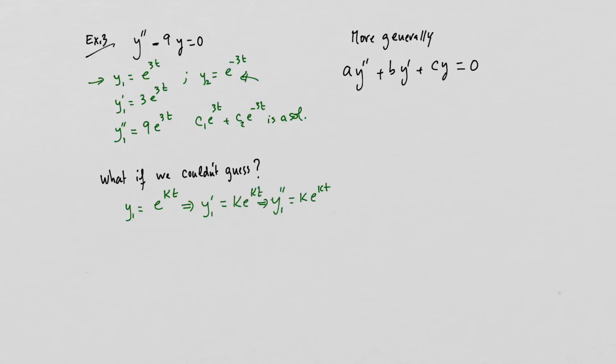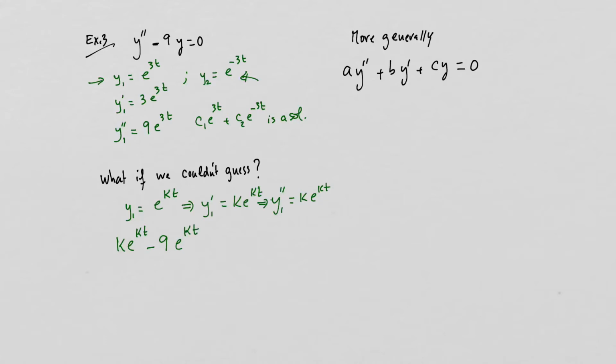There is a t here. So now I'm going to plug them in. I'm going to plug that in here. Okay, so y double prime is k e to the kt minus 9 e to the kt.